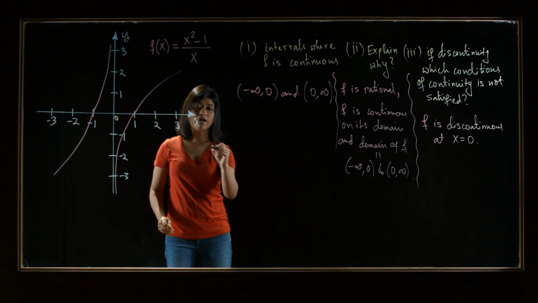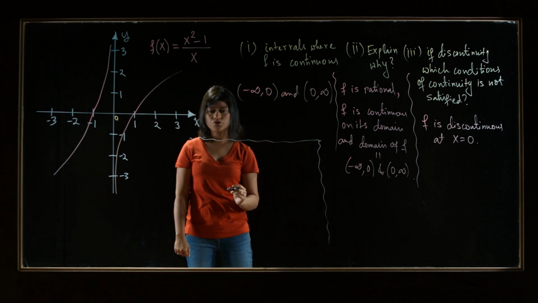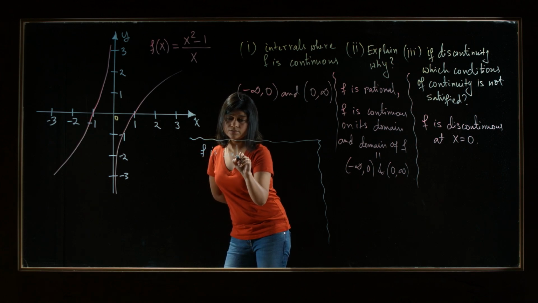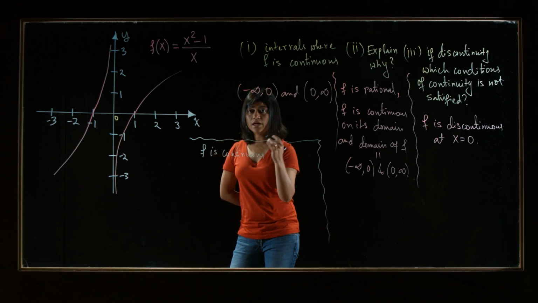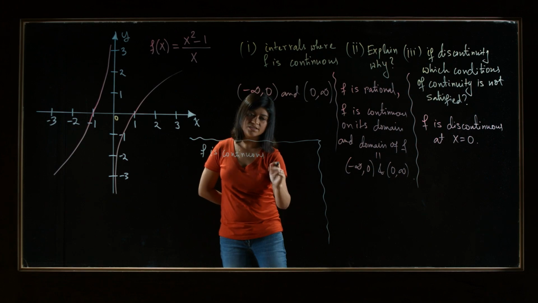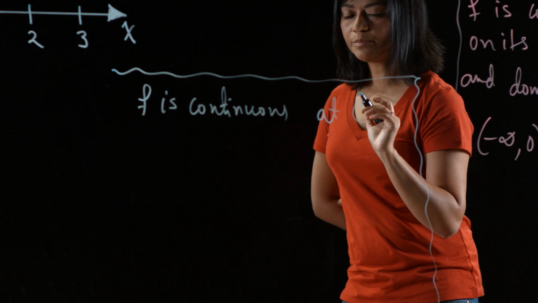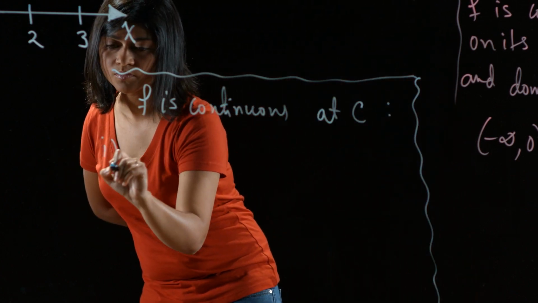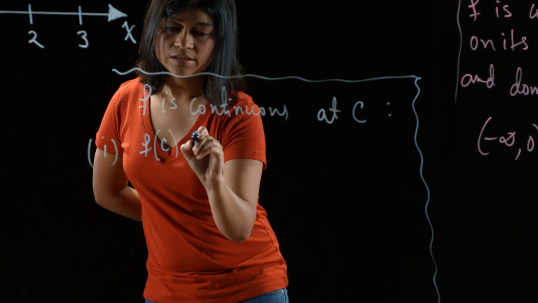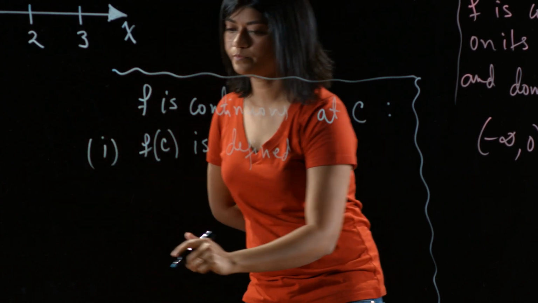Let me remind you of the definition of continuity of a function. Suppose f is a function. At least at the beginning, we always talk about continuity at a point. So say f is continuous at a point C. What does that mean? First of all, f has to be defined at C. So f of C is defined. There is a value when you plug in C in the function.